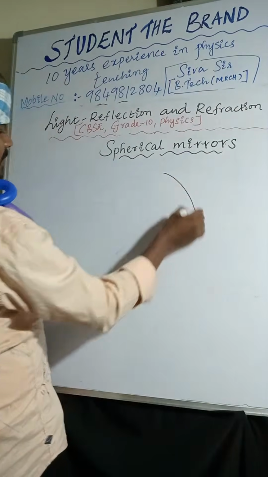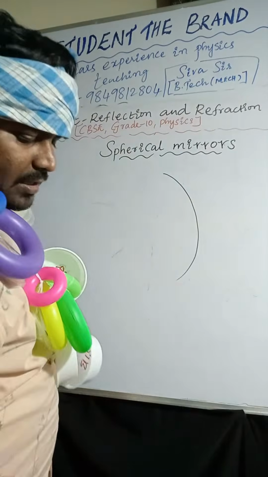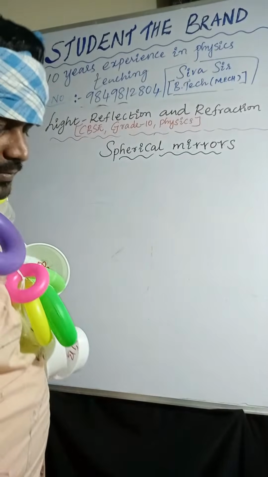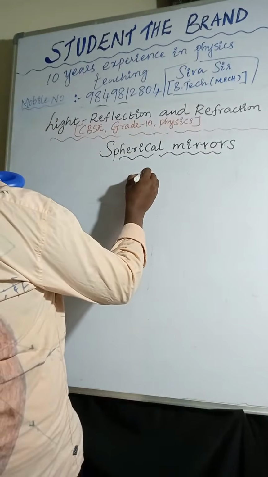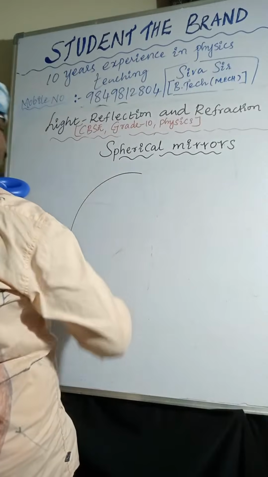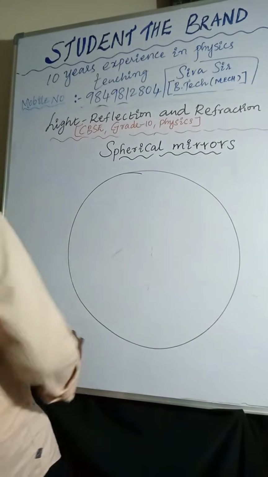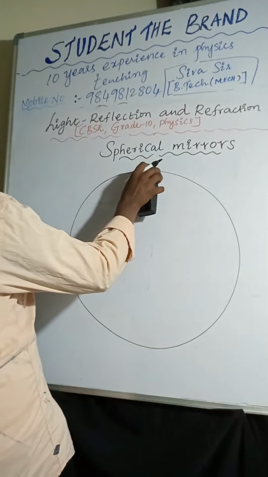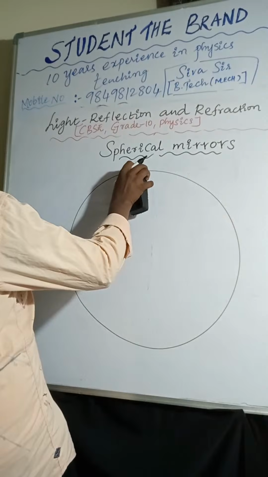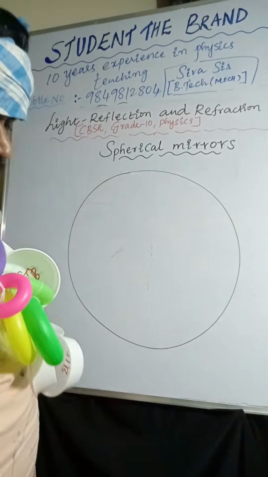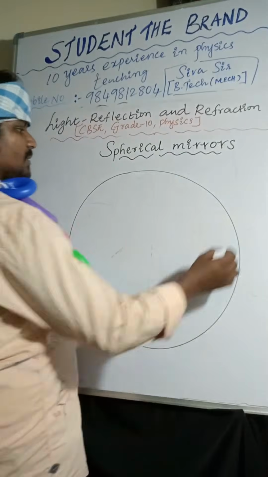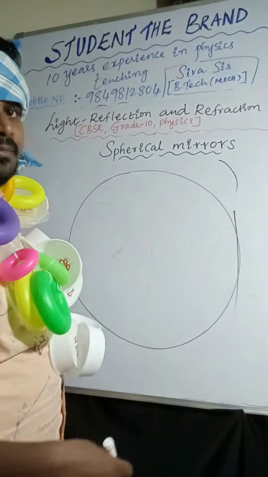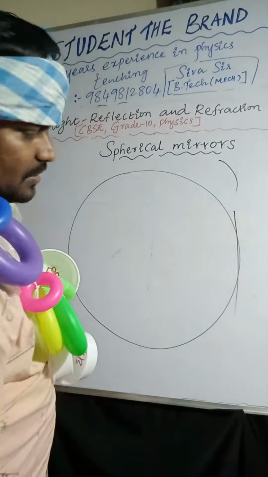So I am taking it like this, and I'll draw the circle. I'm considering a small portion here, and that small portion is called the mirror.